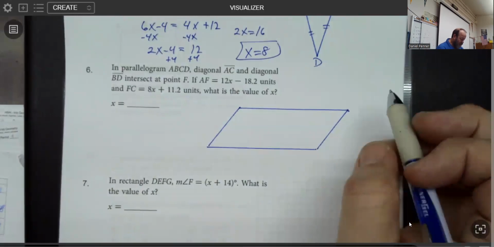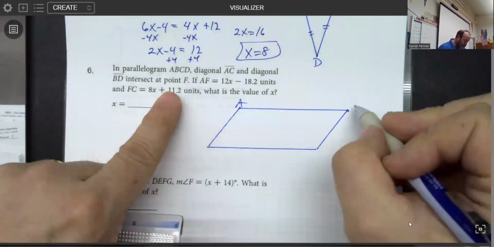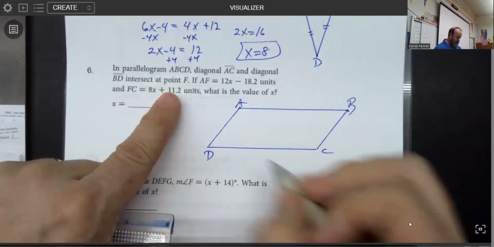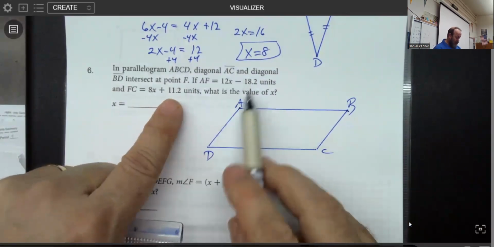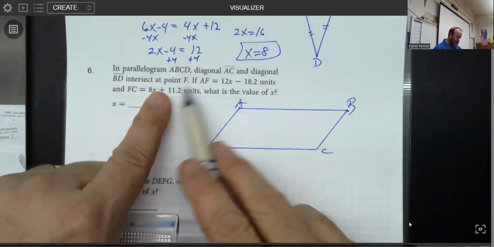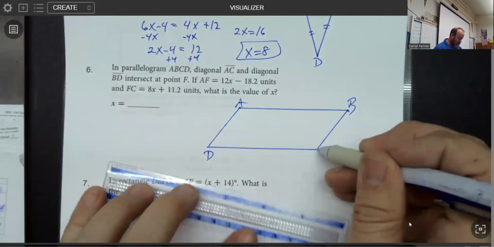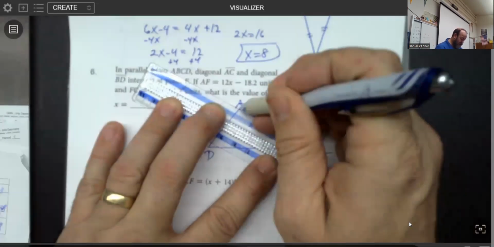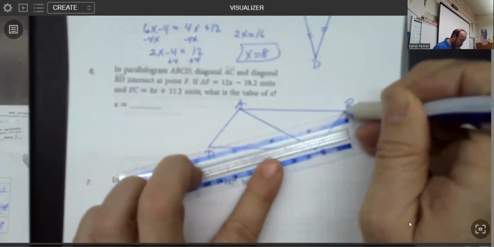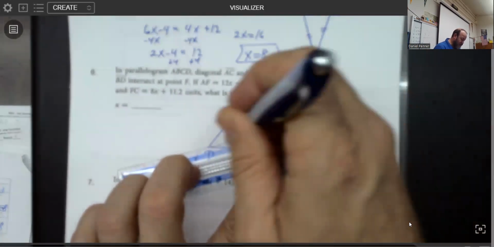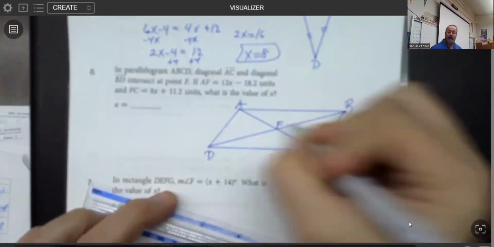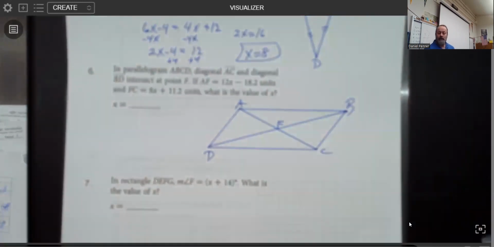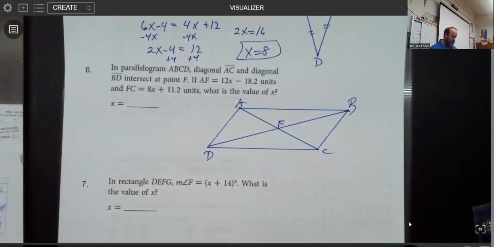And so what I've got in here is A, B, C, D, and it says AC and BD intersect at F. So here's AC and here is BD. And it said it intersects at point F. So they're telling me this value right here, smack dab in the middle, must be point F. That's the intersection of those two diagonals.